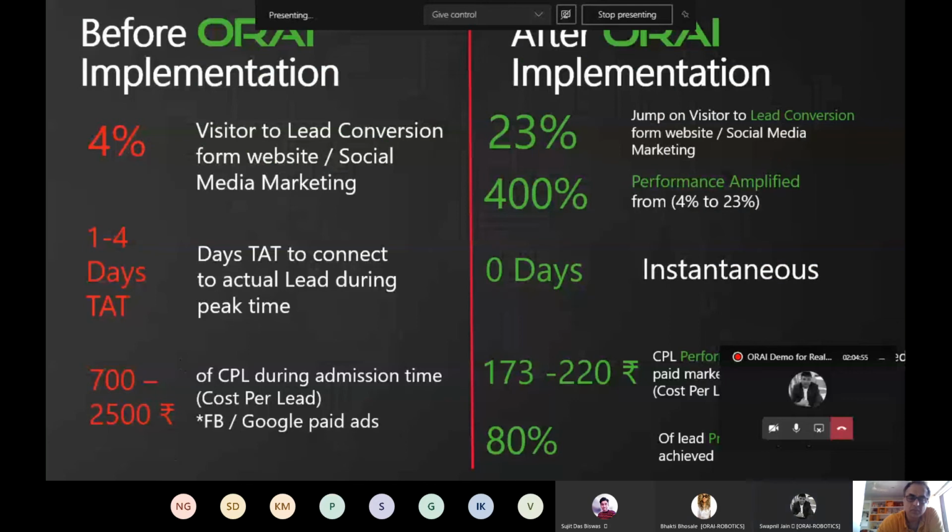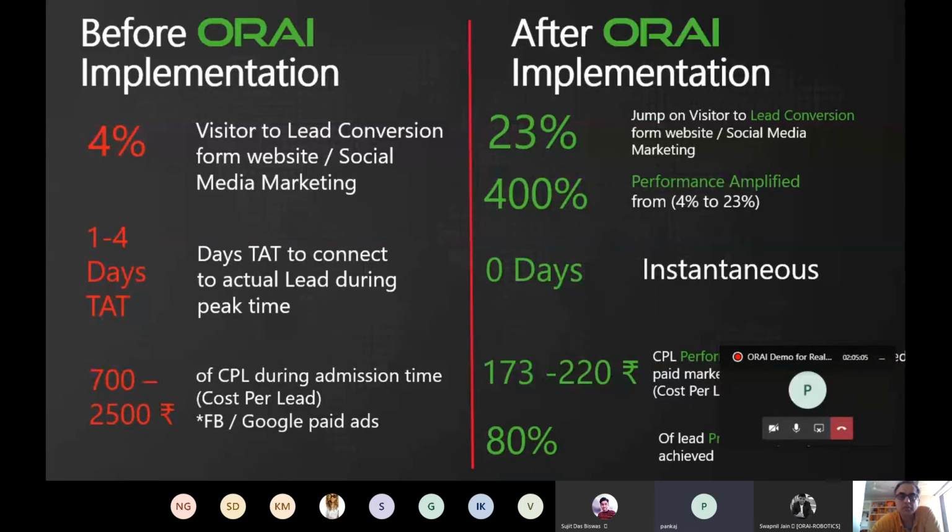Okay. So coming back again, Swapnil, the only challenge I'm trying to compare is, let's say out of 100, if I'm having 25 valid leads, and you're already saying that with ORAI, I'm going to get you more qualified traffic to convert into a lead first of all.